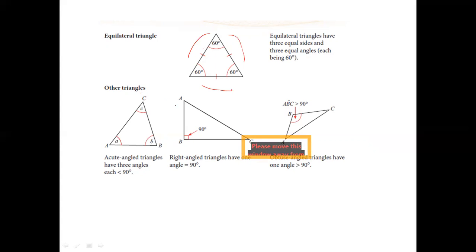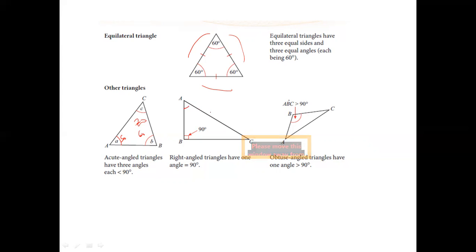Now the other triangles. Acute: what is acute? Less than 90 degrees, for example 50, 60, and 70. There is no angle of more than 90 degrees, all are less than 90 degrees, so its name is acute angle triangle. The second is the right angle triangle, because at least one angle is equal to 90 degrees.